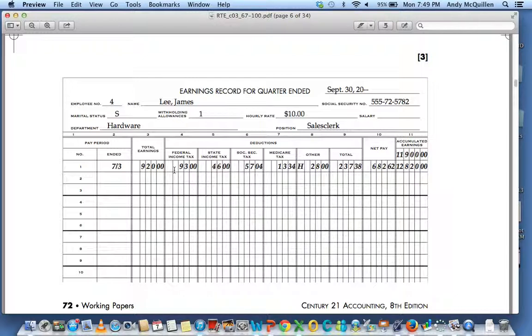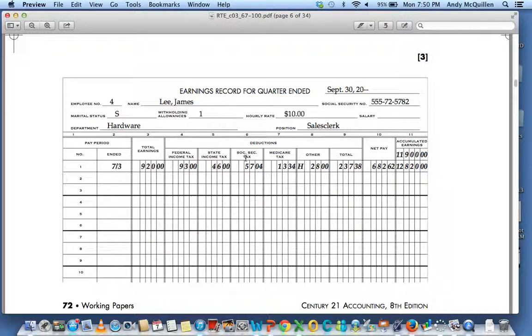Federal income tax, I believe you have to look on the chart, which is on page 66, and that's how we got $93. Remember, you have to look up single on the single chart. Withholding is 1. And then we use the percentages that are given to us. 5% for state income tax, 6.2 for Social Security, 1.45 for Medicare.